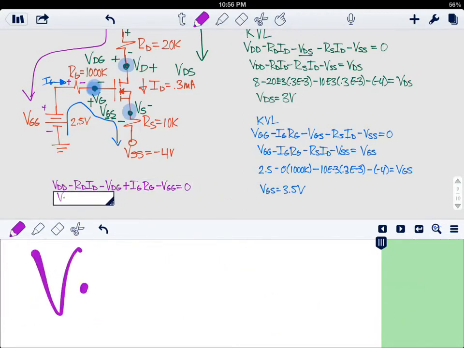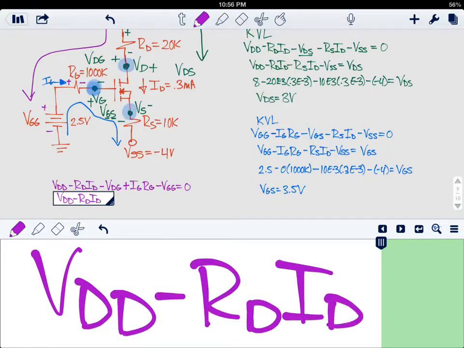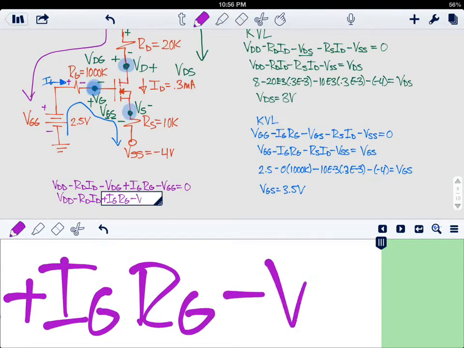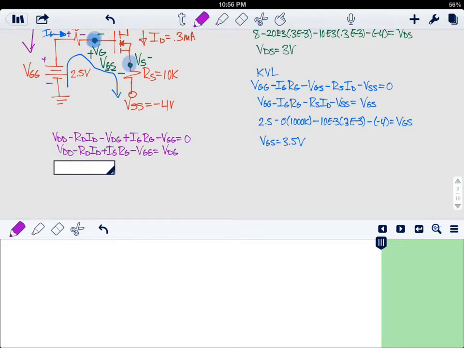We solve for the voltage that we are looking for, which is VDG. VDD, we said it was 8.